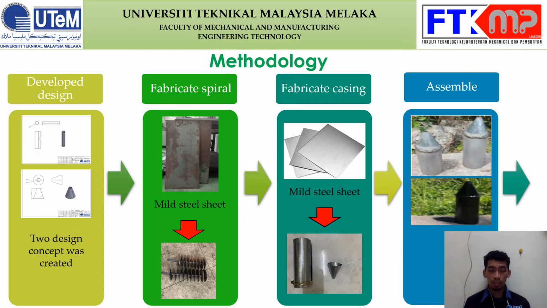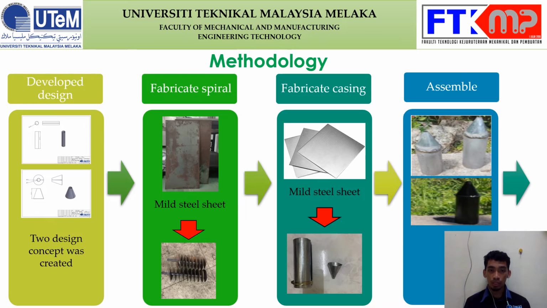The material that I selected for this spiral channel is mild steel sheet. To cut the material, I used the abrasive waterjet machine and a turning lathe machine to get the spiral channel. The casing is also the same material, mild steel sheet.